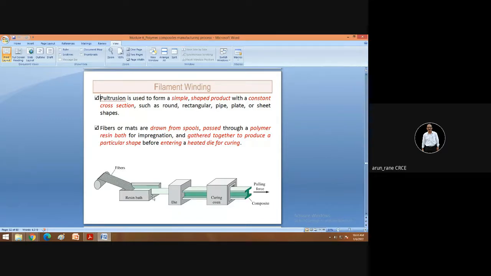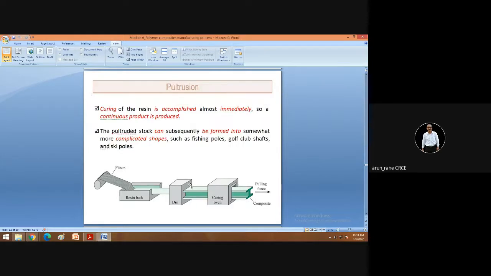Even you can manufacture I-beams of composites by the process of filament winding.